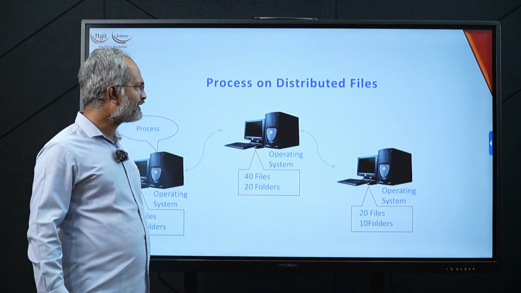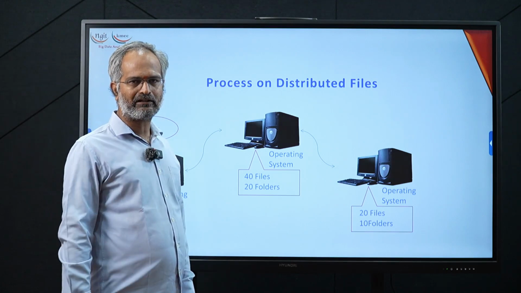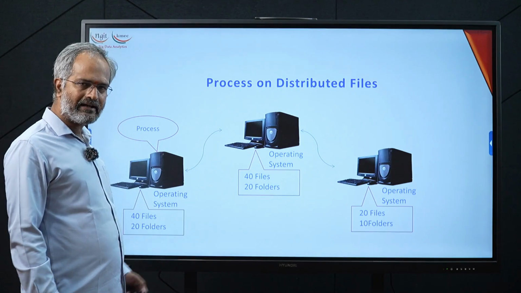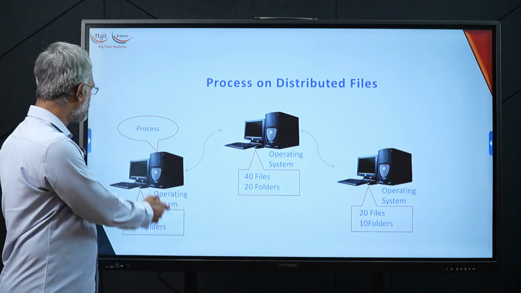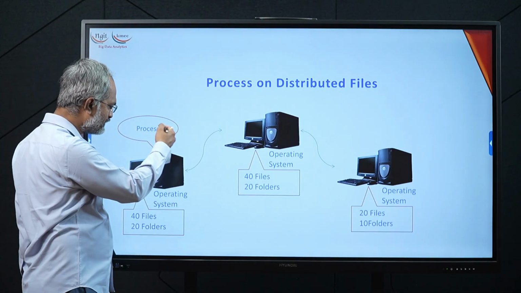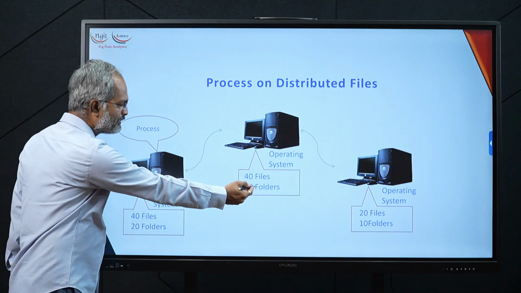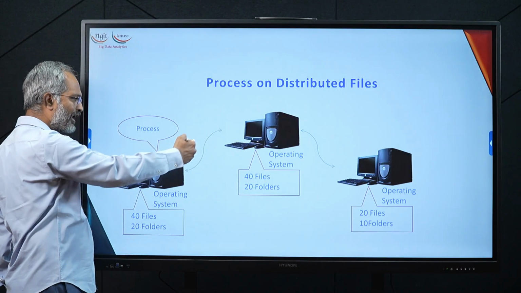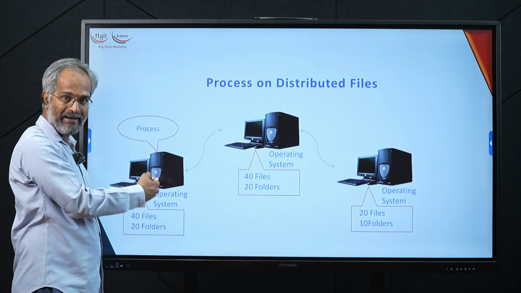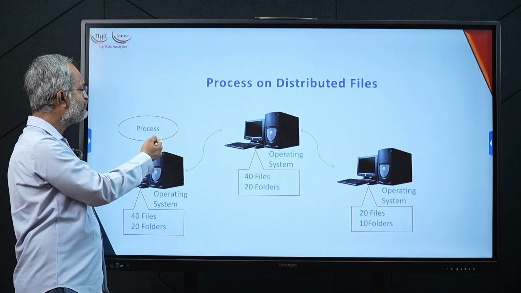Processing in distributed files we already discussed as part of the introduction. Here the data is already distributed, and the process is initiated at one place and has to get the data from different places. So the data has to travel through the network, which consumes a lot of bandwidth. That is the main issue here.